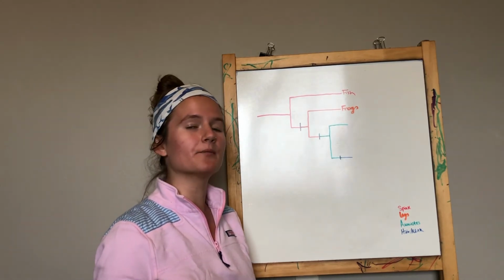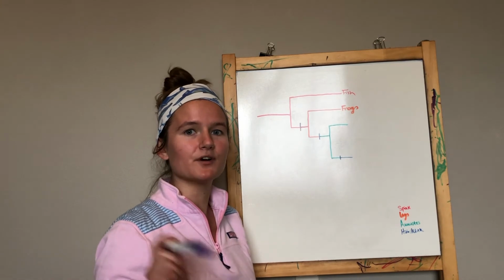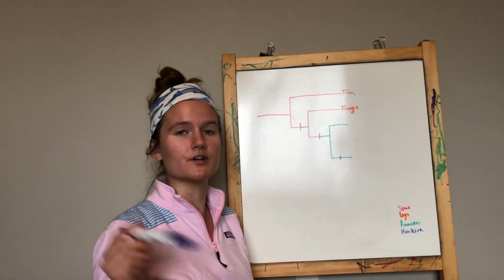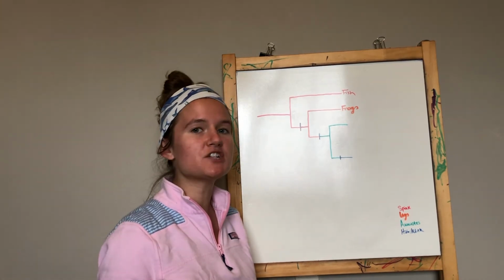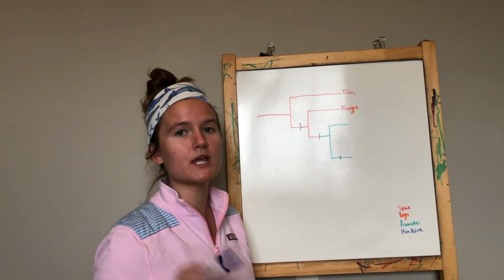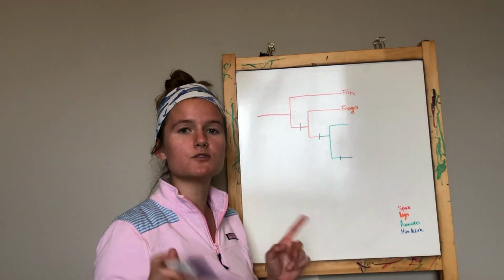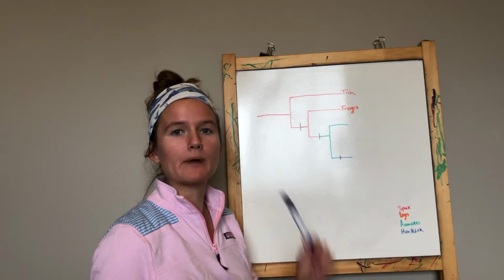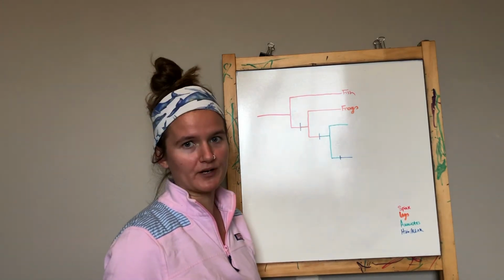So like I just said, birds and reptiles are related. Birds diverged from reptiles, which means they share a common ancestor. So we can make a node here and two individual branches branching out, showing the reptile group and the bird group separate.